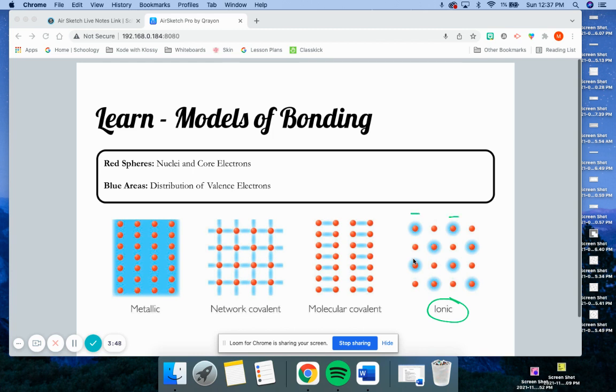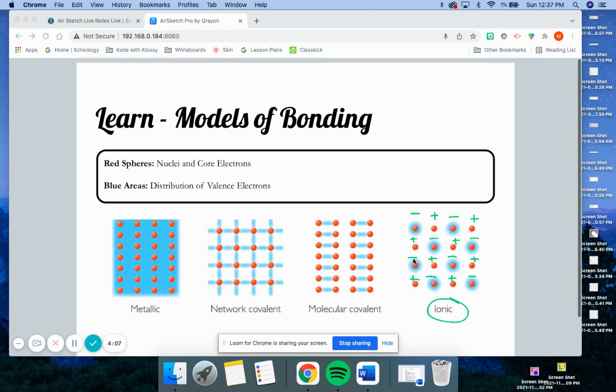So our negatively charged anions are these atoms here with the blue halos that have accepted valence electrons. And our positively charged cations are these plain red spheres that have lost all of their valence electrons when they were transferred to the nonmetals.